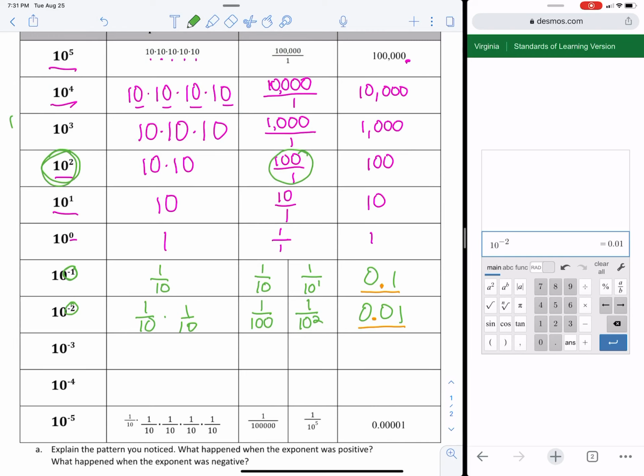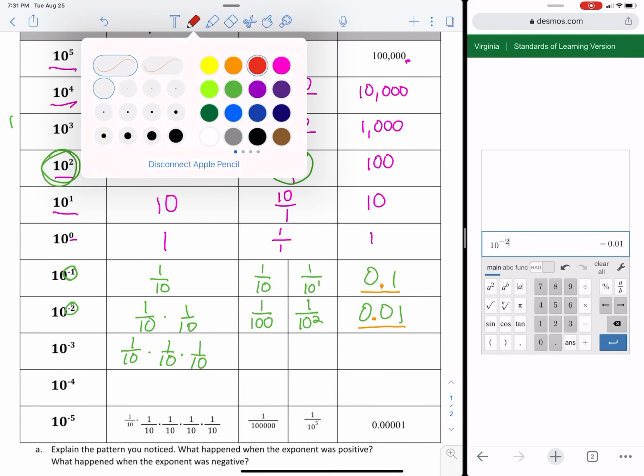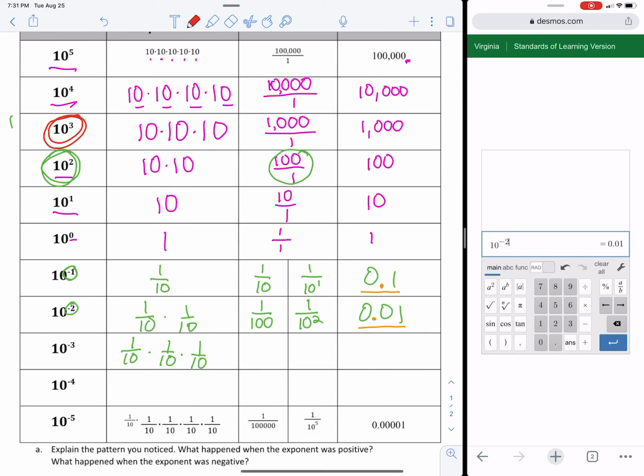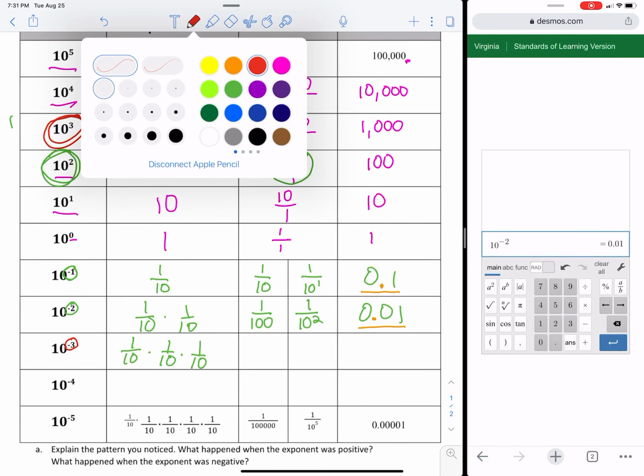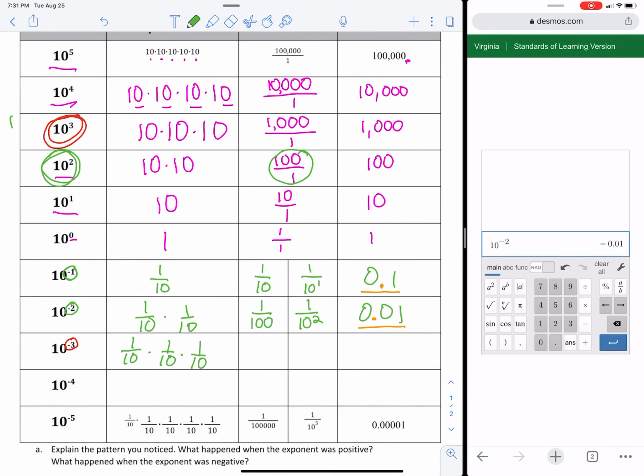So 10 to the negative 3 power, that means we're going to do 1/10 times 1/10 times 1/10. And again, if you look back at the top, 10 to the third power had 3 tens. 10 to the negative 3 power has 3 1/10ths. So now we're going to write that as 1 over 1,000.